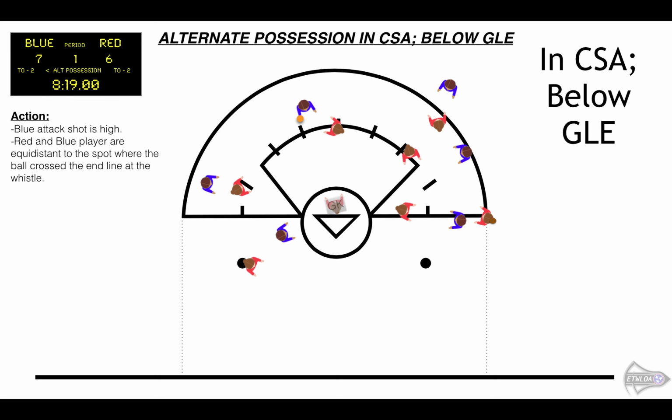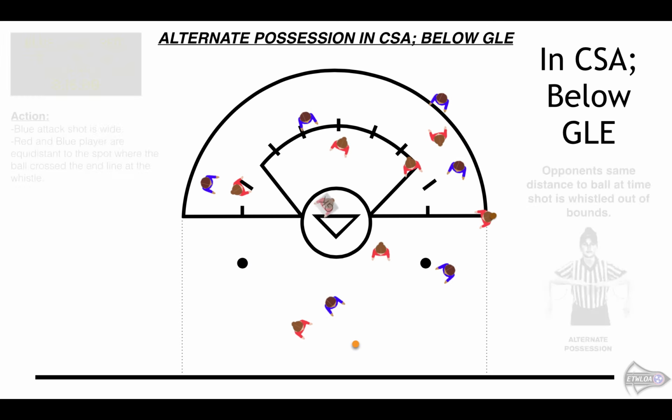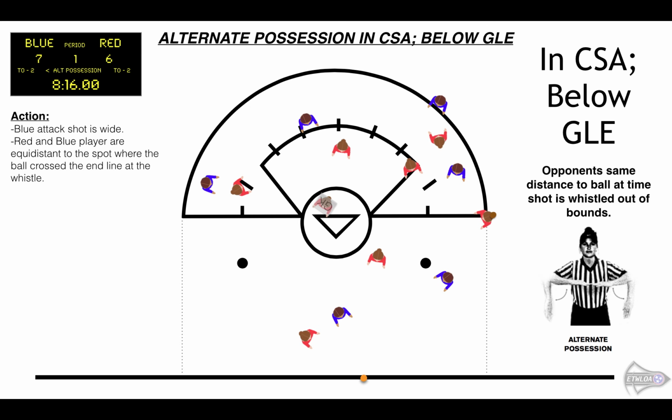Red and blue players end up equidistant to the spot where the ball crossed the end line at the whistle. We're not able to determine who was closest. It's a close game in the first period, with 1 point separating the two. So we have the players involved in the alternating possession, equidistant from the spot where the ball went out at the whistle.